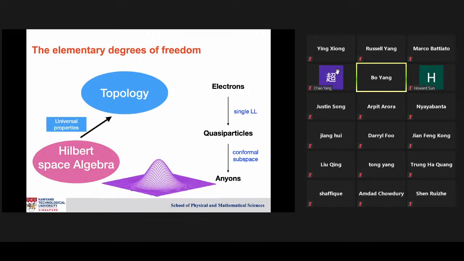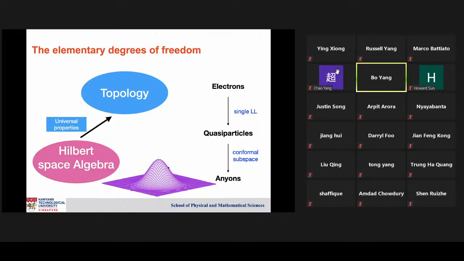Okay, so the general idea now is that topological properties come from the Hilbert space algebra. Starting from electrons, when we confine into a single Landau level, we get quasi-particles, which are like electrons, but not point particles. But if we further confine ourselves to some conformal sub-Hilbert space by means of interaction, then the only accessible degrees of freedom are now anyons.